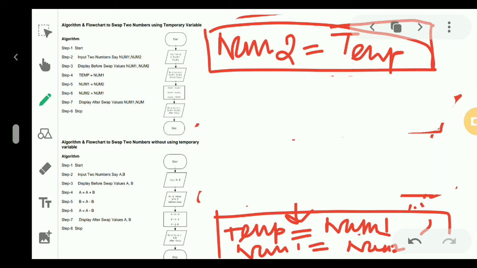So all the calculation parts must be put in the rectangular box. As it is done, then we will go for the print statement.